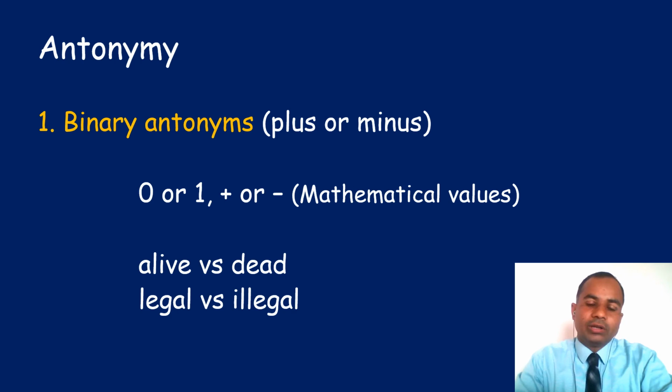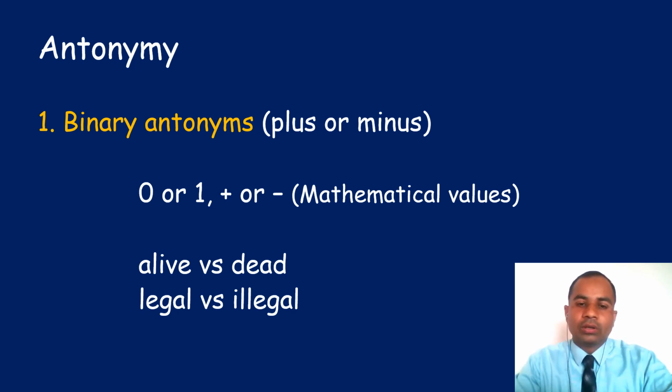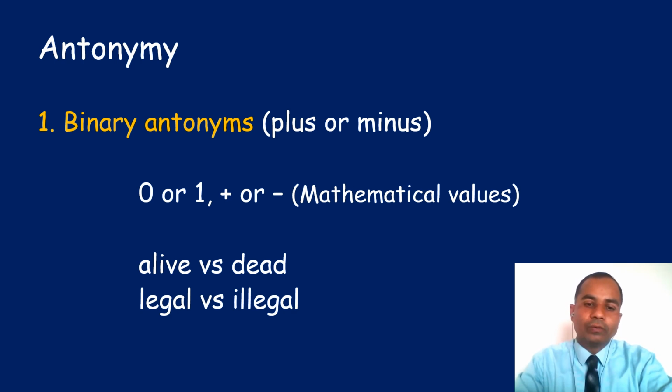Even in mathematics we have plus and minus. These are very opposite, and they are called binary terms. In language, these kinds of opposites are called binary antonyms. For example, alive versus dead. One who is alive is not dead, one who is dead is not alive. Or for example, legal or illegal.